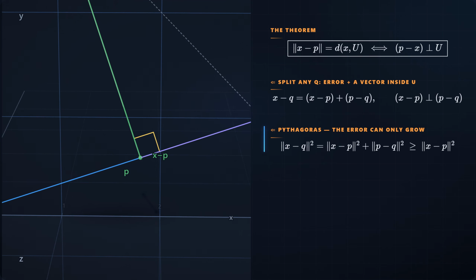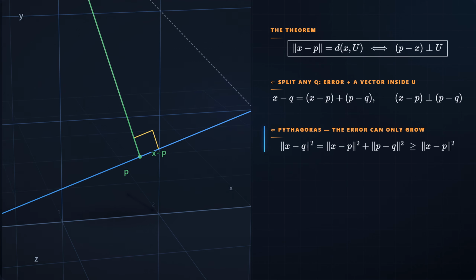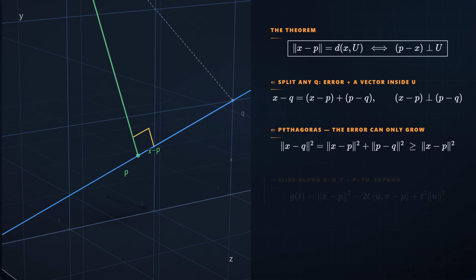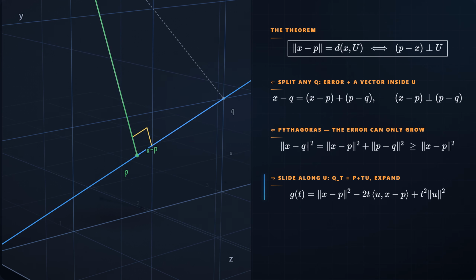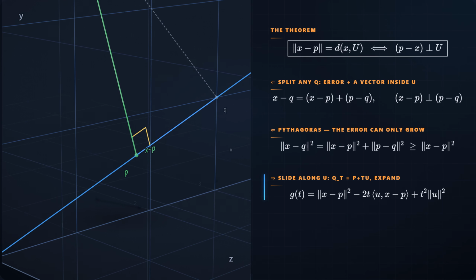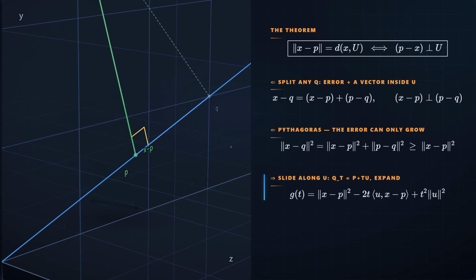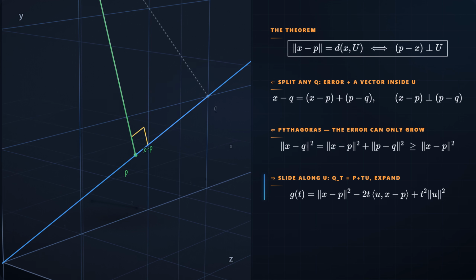Now the other way, if P happens to be closest, why must the error be perpendicular? Watch a little calculus sneak into linear algebra. Pick any direction U in U and slide. Q_T equals P plus T U, a whole line of candidates through P. Measure the squared distance as a function of T. Expand with bilinearity and you get a parabola, a quadratic in T with a positive leading coefficient.